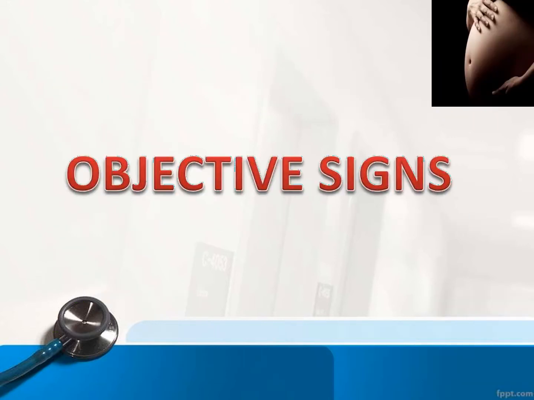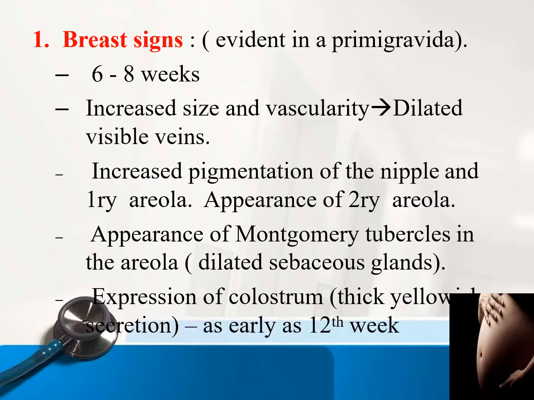Next, we can see the objective signs. The objective signs in the first trimester of pregnancy include breast signs, which are more clear in primigravida mothers. Already I told you that prickling and tingling sensation will be there, and it is due to the increased vascularity.